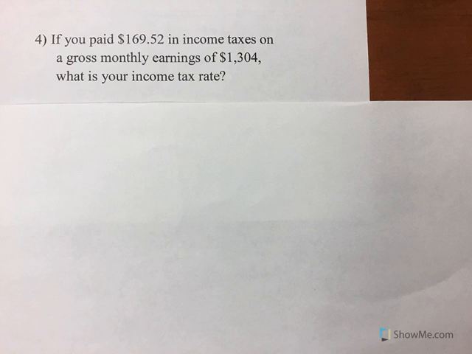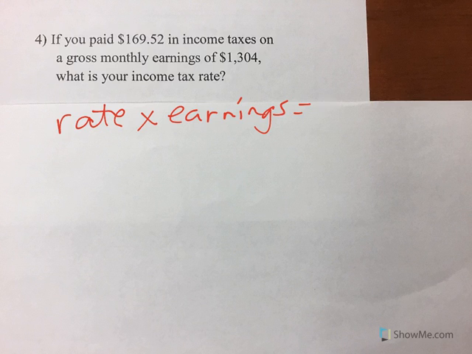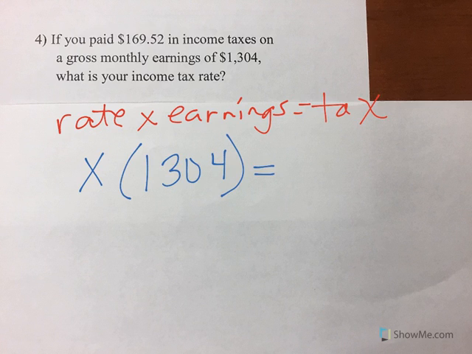And the last problem. If you paid $169.52 in income taxes on a gross monthly earnings of $1,304, what is your income tax rate? Okay, so again, if we take our tax rate times our earnings, that gives us the taxes that we're paying. So our rate is, I don't know, but our earnings are $1,304, and my tax is $169.52.